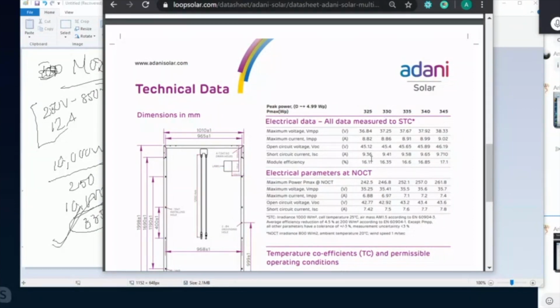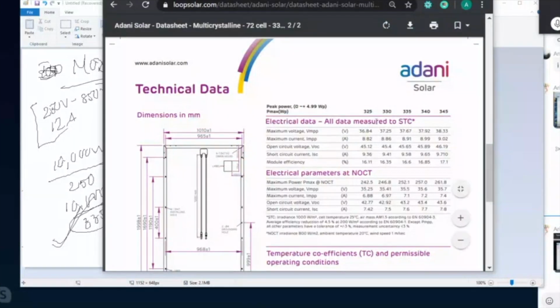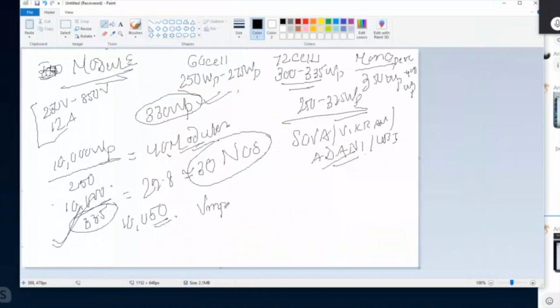First we need to note, as we have told, VOC, ISC, IMP and VMP for a 335 watt peak module. So let's note it down. VMP is 37.25. So our VMP is 37.25 volt.